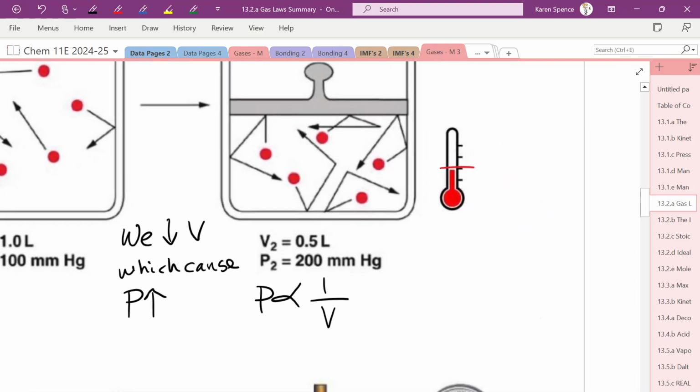And how would we write that as an equation with P1s and V1s? Yep, P1 V1, we're on page 15, equals P2 V2.